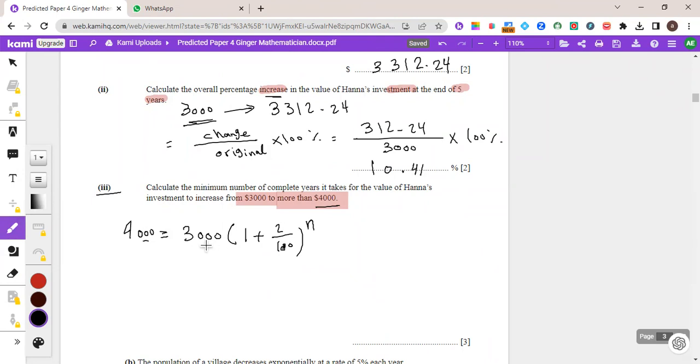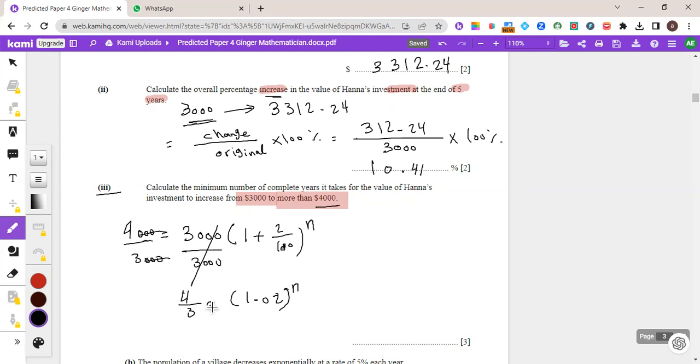Then what is the next step? Divide by 3,000. One plus 2 over 100 is 1.02. Here you have two ways.